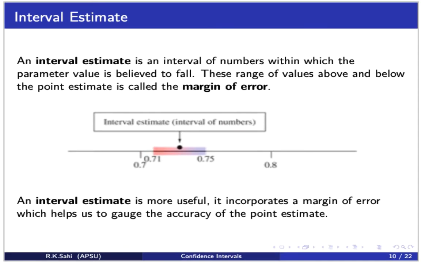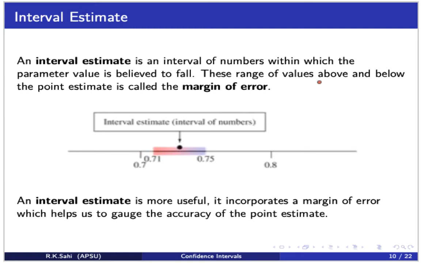Now, what does the interval estimate say? It's an interval of numbers within which the parameter value is believed to fall. Now, this range of values above and below the point estimate is called the margin of error. So remember, if I have a huge data set and I say it's represented by one number, something doesn't seem to fit right here.